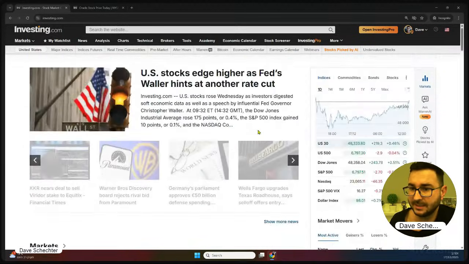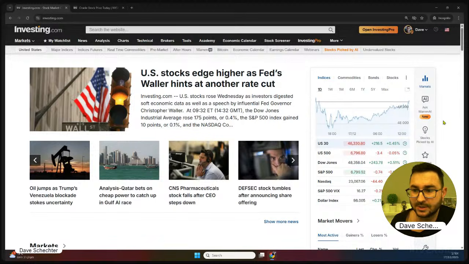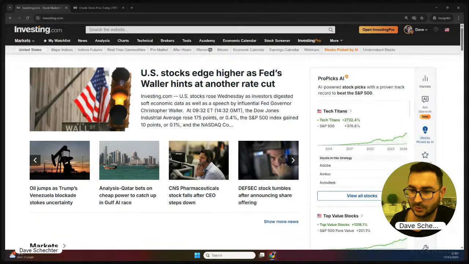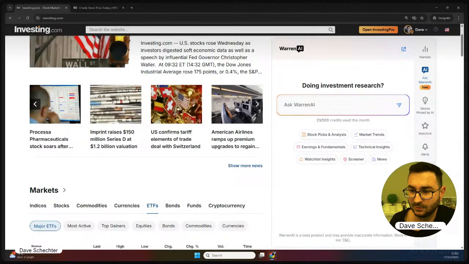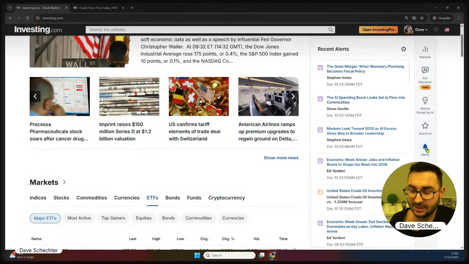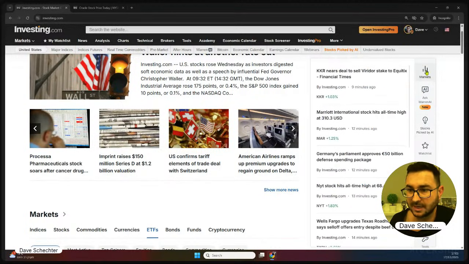Now, before we dig into individual features, I did want to bring to your attention this area on the right side of the screen, which is what we call the workstation. It's just a quick jumping point to all of the really important features like ProPicks AI, or to Warren AI if you want to ask Warren a question, or if you want to quickly go ahead and check on any of the alerts that might have been triggered that you set, or breaking news, and of course markets.